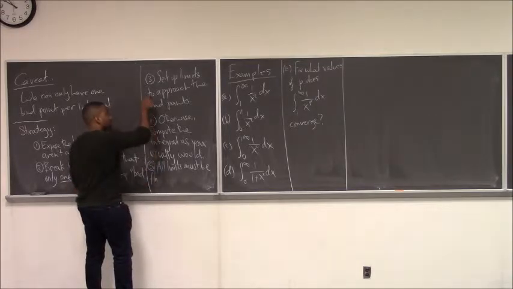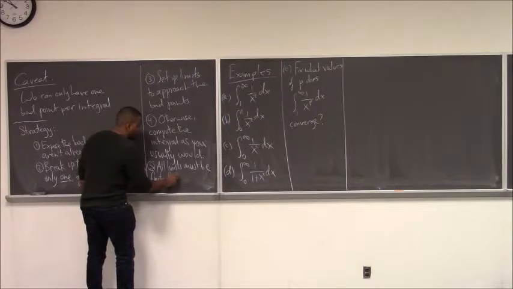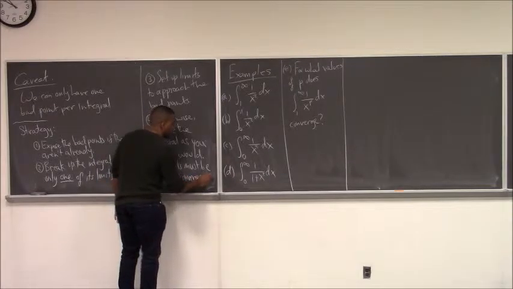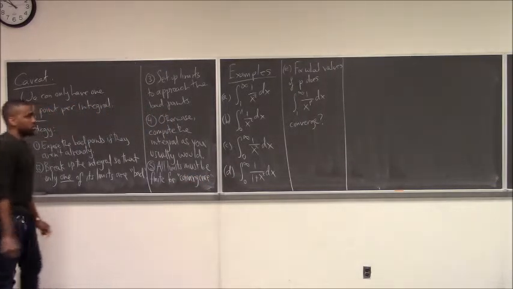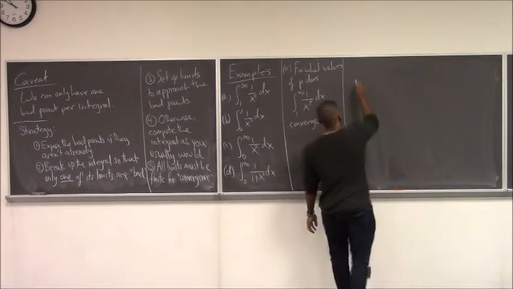All your limits, because you might have several of them in play, all your limits must be finite for convergence to occur. Otherwise, we would say it diverges. So, show you an example.